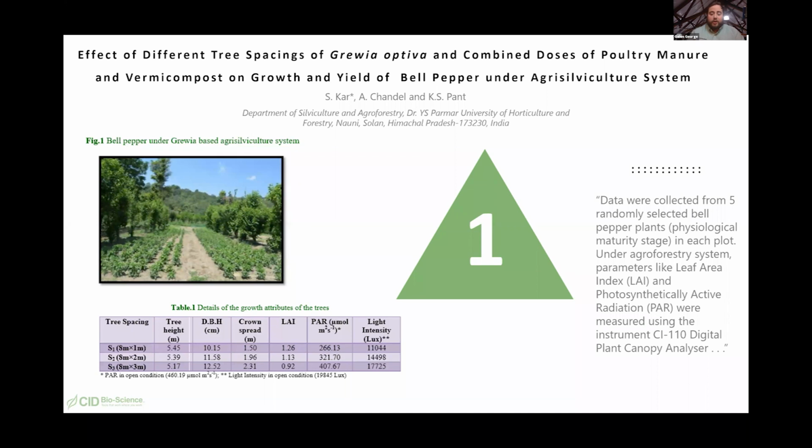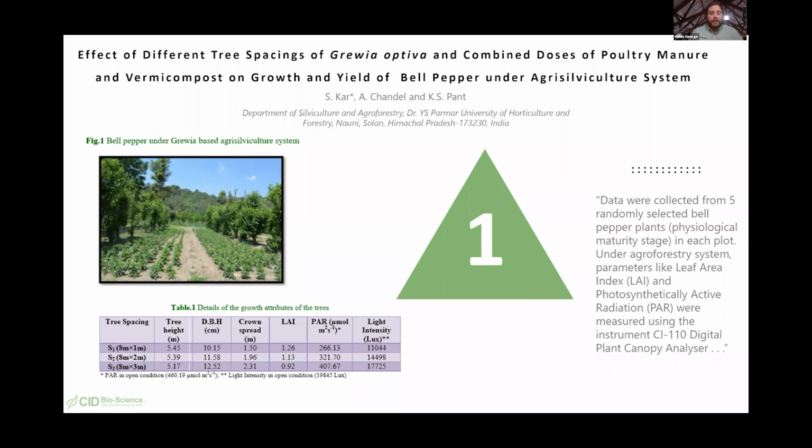So that is one use in an agriculture application to investigate different treatments and different methods of tree spacing to look at basically crop yield.